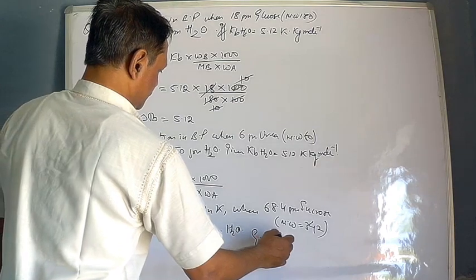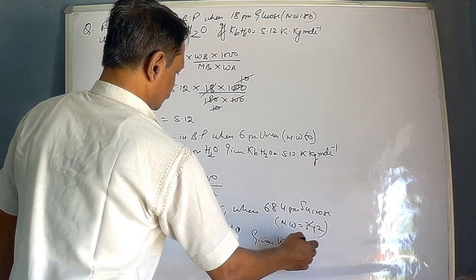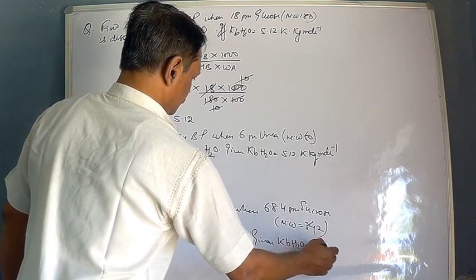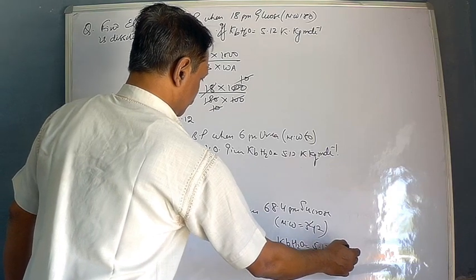Given Kb of H2O, the same value again, 5.12 Kelvin kilogram mole inverse.